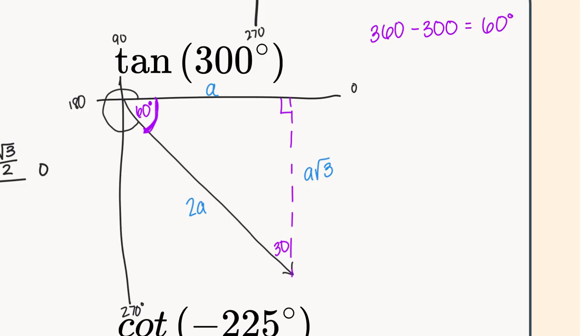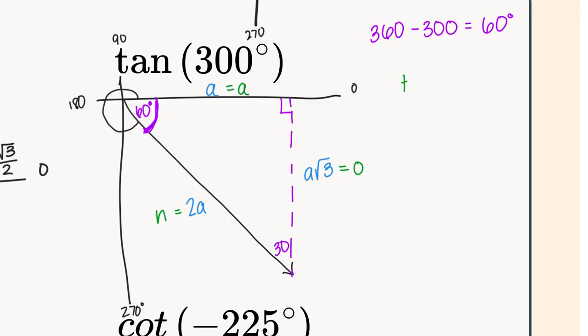Now, according to angle 60, the opposite is A times the square root of 3, my A is my adjacent side, and 2A is my hypotenuse because it's opposite the 90-degree angle. Keep in mind, it's according to the angle that determines your adjacent, opposite, and hypotenuse sides.